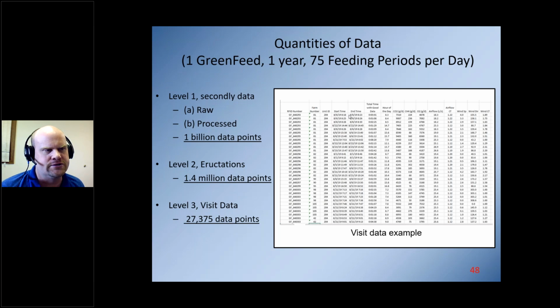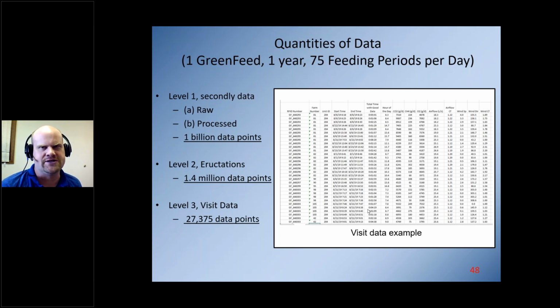So if you were measuring for 1 year, at 75 visits per day, you would end up with a spreadsheet with 27,000 data points. So even the output of the GreenFeed still produces a lot of data, and we have to figure out how to look at this data and analyze it in a way that makes sense.